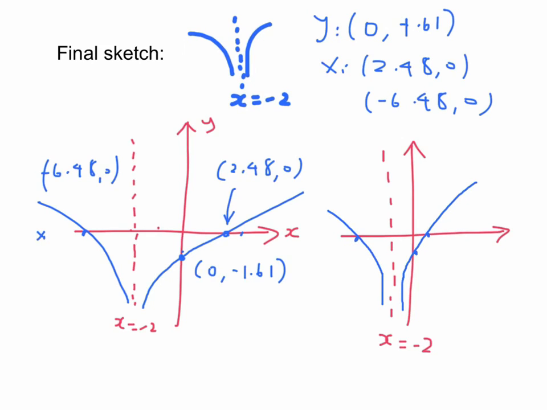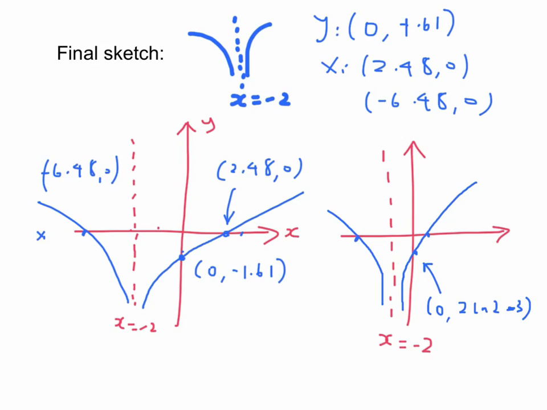Now, if we're going to put in exact form, this one would have coordinates of 0, and what was it? 2 ln 2 take away 3. It's meant to be a minus. Okay.